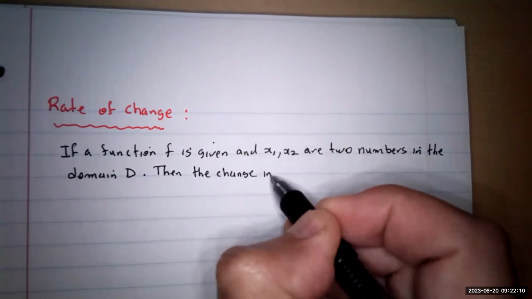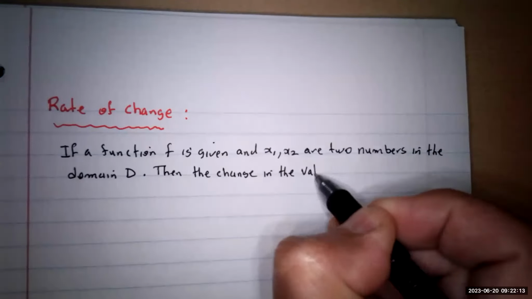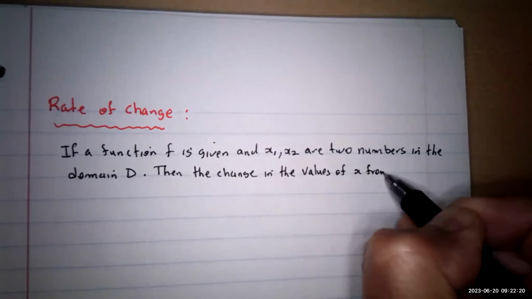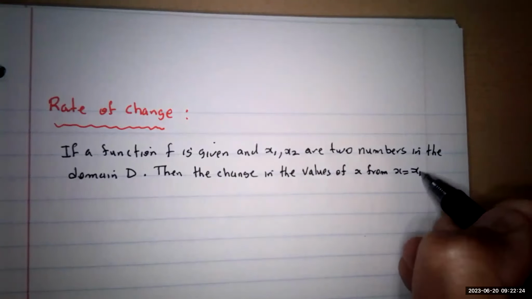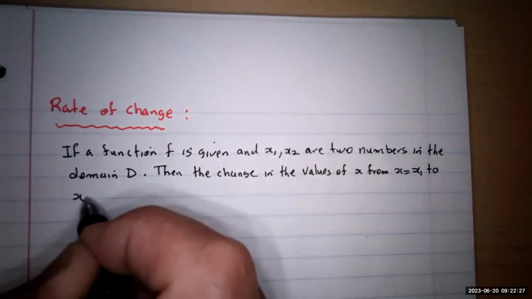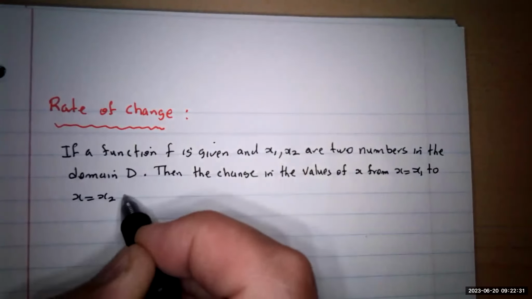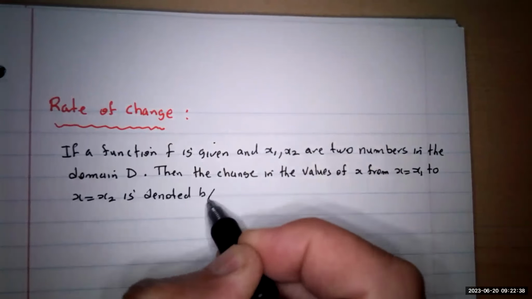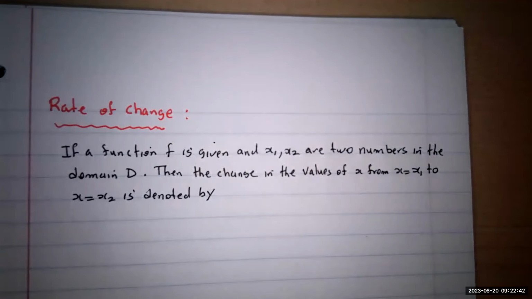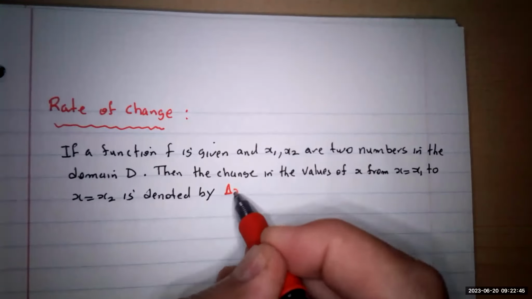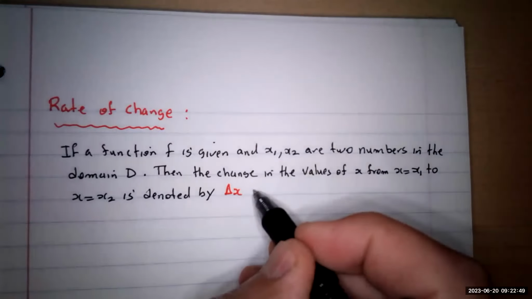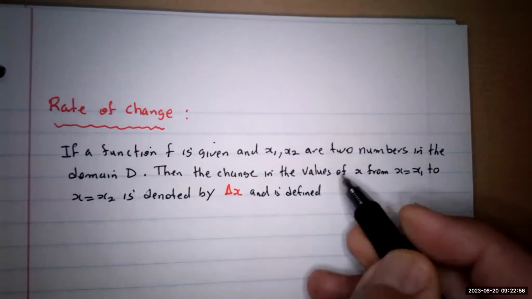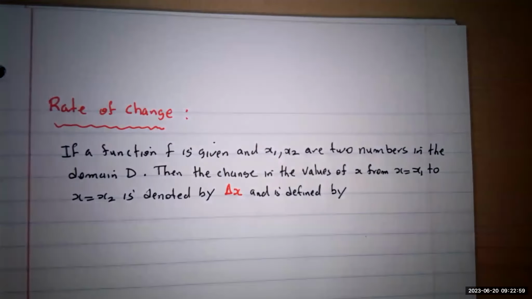The change in the values of the variable x, from two different values, from x equal to x1 to x equal to x2, is going to be denoted by the notation delta x, and is going to be defined by, that's it, definition of delta x.